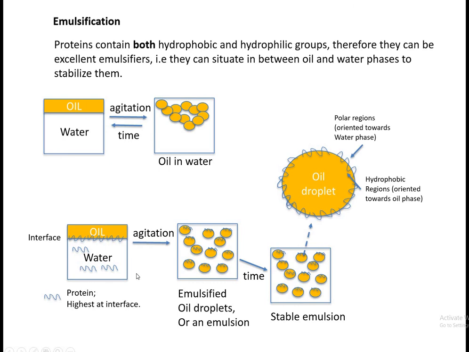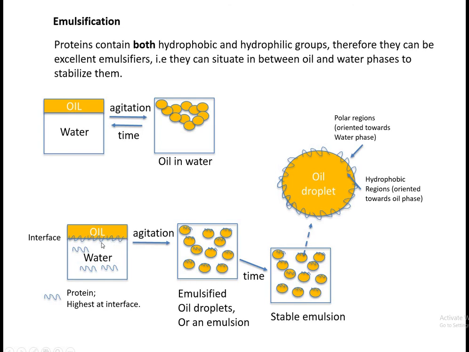Okay, then we have a new system. We introduce protein. Very quickly, the protein will be scrambling at the interface. This is the interface. As mentioned, the hydrophobic group will be in the oil phase.